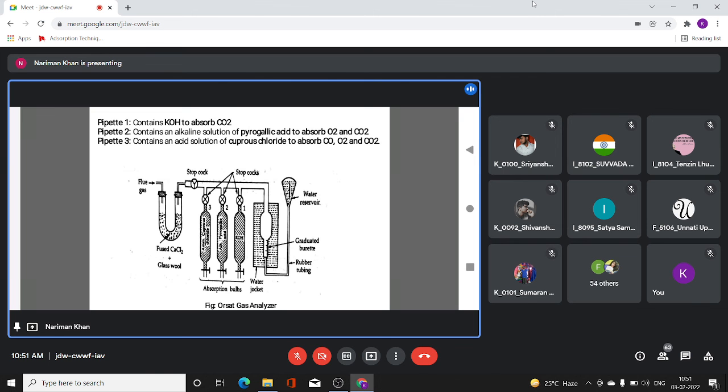So first of all, the gas is passed through the KOH pipette. KOH is going to absorb all the carbon dioxide. Now what else is left? Carbon monoxide and oxygen is left. So the remaining gas is passed into this burette, and it will get cooled.